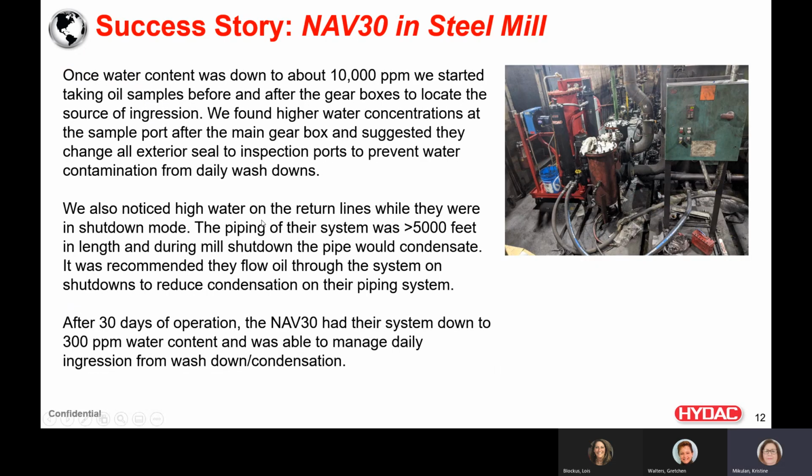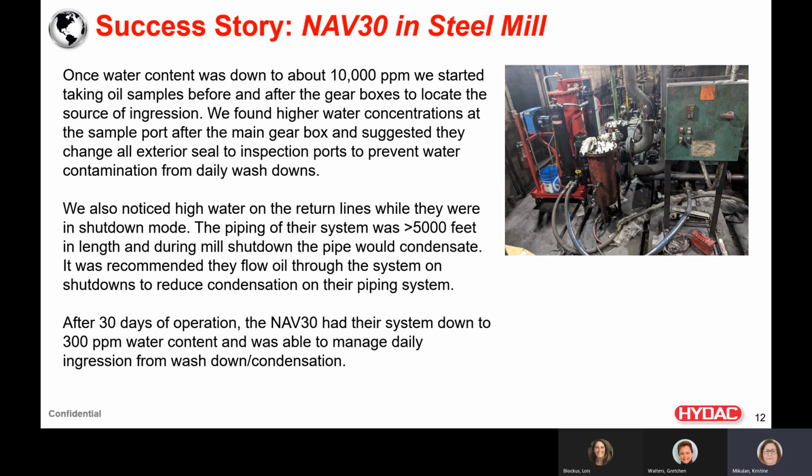Once the water content was down to about 10,000 parts per million, we started taking samples throughout their plant before and after the gearboxes to help them locate the source of ingression. We found higher water concentrations after the main gearbox and suggested they change all the seals to prevent the water contamination from entering the reservoir during their daily washdowns.